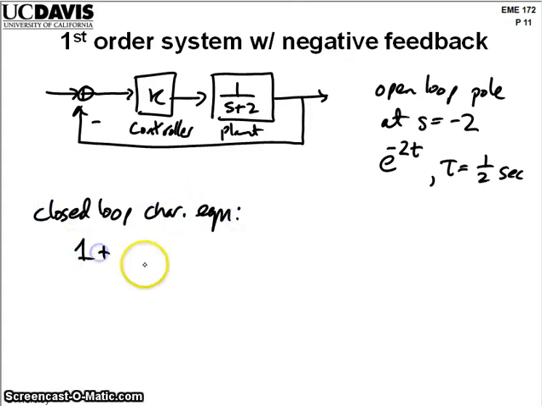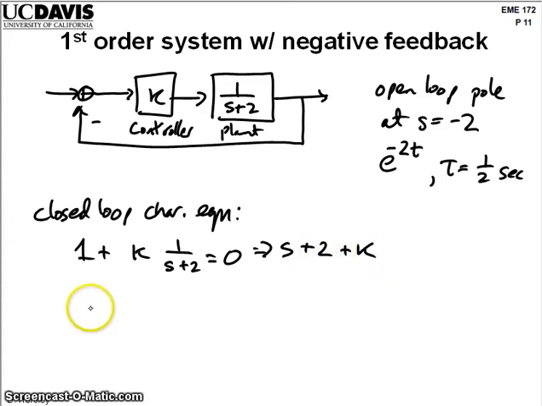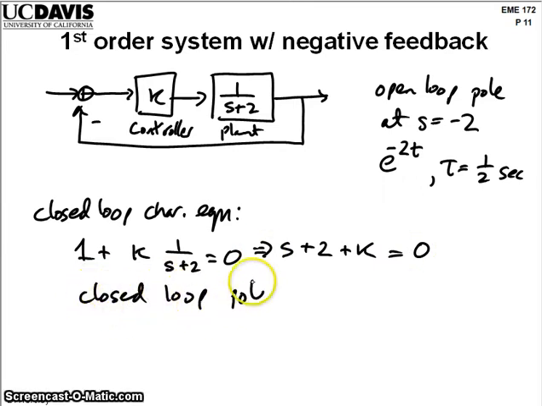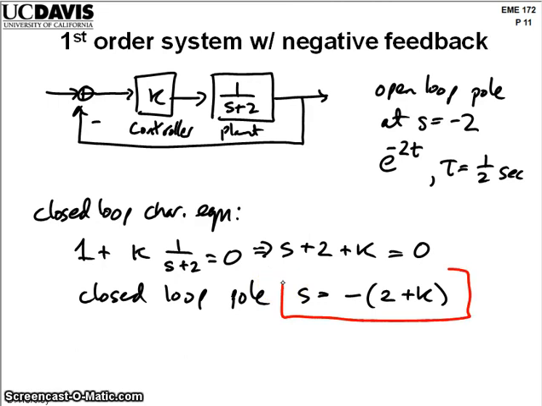Okay, so that's 1 plus k times 1 over s plus 2 equals 0. And so I multiply that out. I get s plus 2 plus k. There's a closed loop pole. S equals -2 minus k. Okay. So in particular, this thing is always stable because the pole is always less than 0.